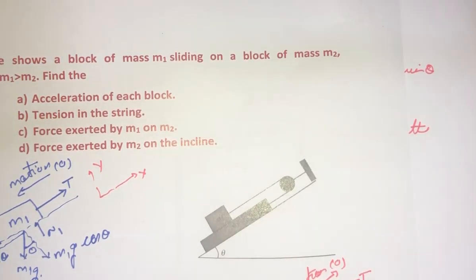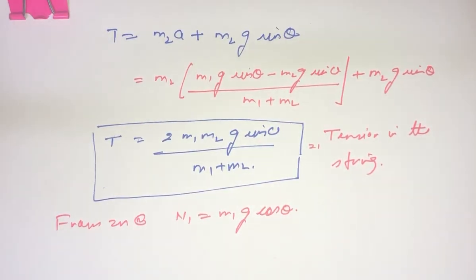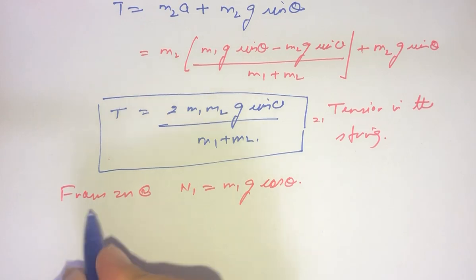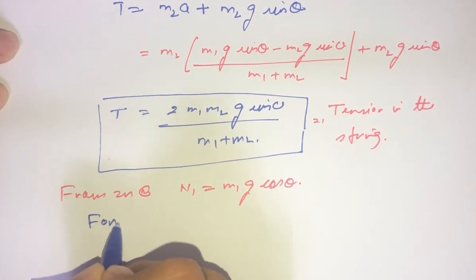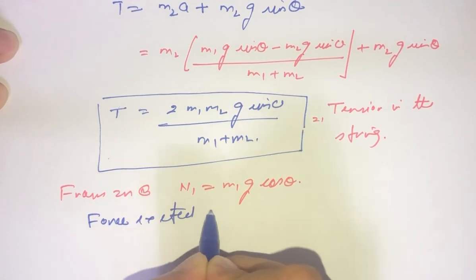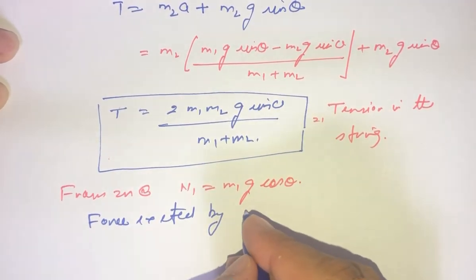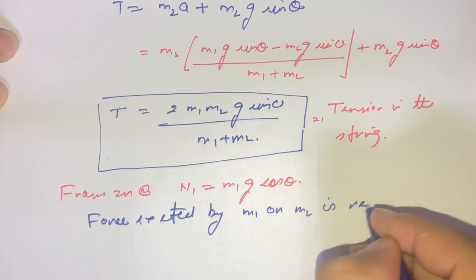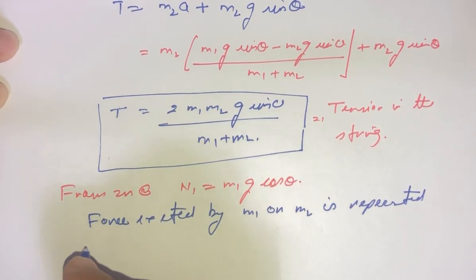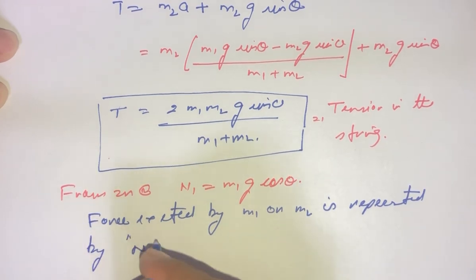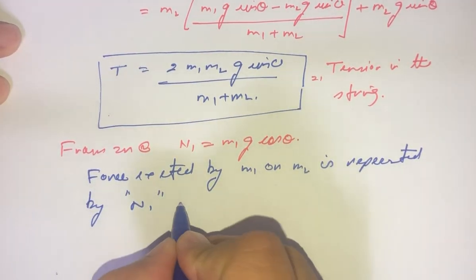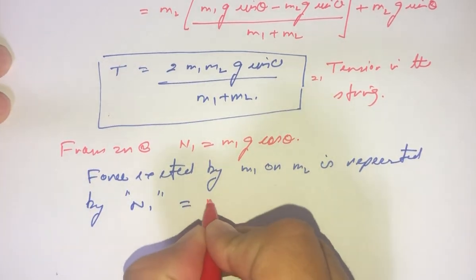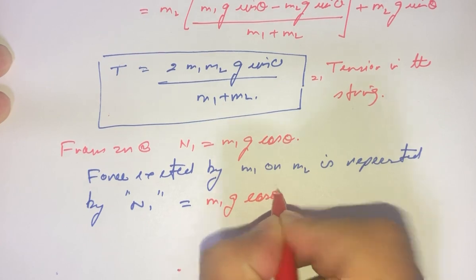So the force exerted by m1 on m2 is given by the normal n1, which is equal to m1 g cos of theta.